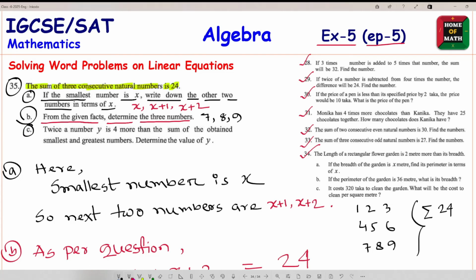We have to understand something in here. Look, twice a given y is 4 more than the sum of the obtained smallest and greatest number. Determine the value of y. Look, here is smallest number, which is 7, and greatest number, which is 9. Once we sum up and again we sum up 4 more, is equals to twice a number y.